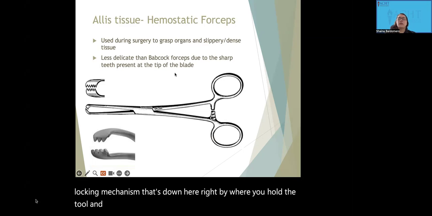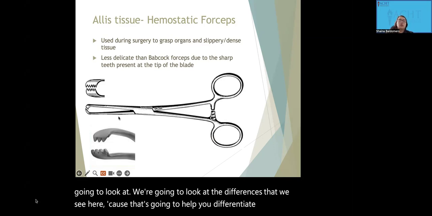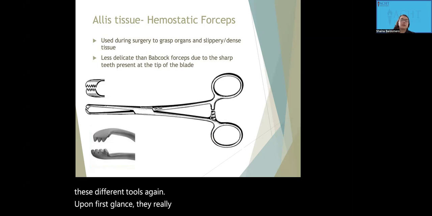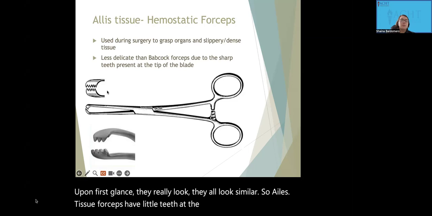And what I want you to look at is you're going to see differences in the jaw. At the very tip of the tool, that's what we're going to look at. We're going to look at the differences that we see here because that's going to help you differentiate between these different tools. Again, upon first glance, they all look similar. So Allis tissue forceps have little teeth at the end of this tool.